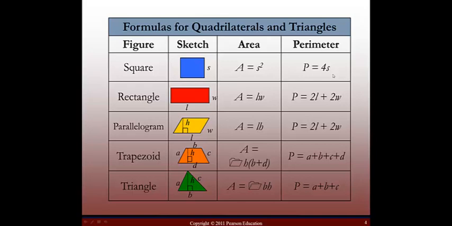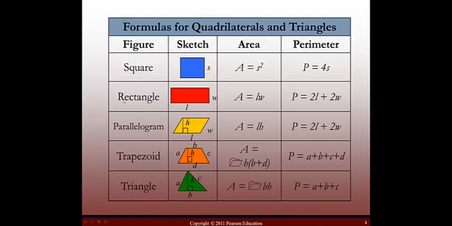So even if you don't know your perimeter equation, hopefully you can think, okay, if I'm just going to walk around the outside of the square, I'm going to go S this way, and S this way, and S this way, and S this way. So it's just S plus S plus S plus S, or 4S. So some of those you won't necessarily need the equations. You're just going to need to think about what you're actually doing in that problem.